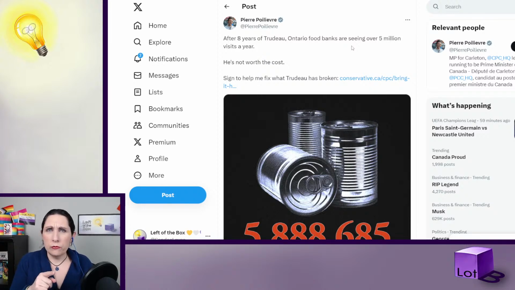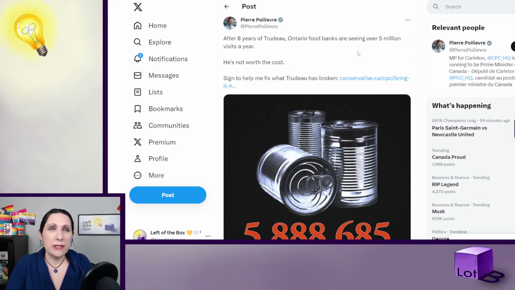Yeah, Justin Trudeau, that's not his jurisdiction. That falls on the Ontario government, which is Doug Ford right now, but Pierre is putting the blame on Justin, which is another abuse tactic that is often used: misdirected blame.